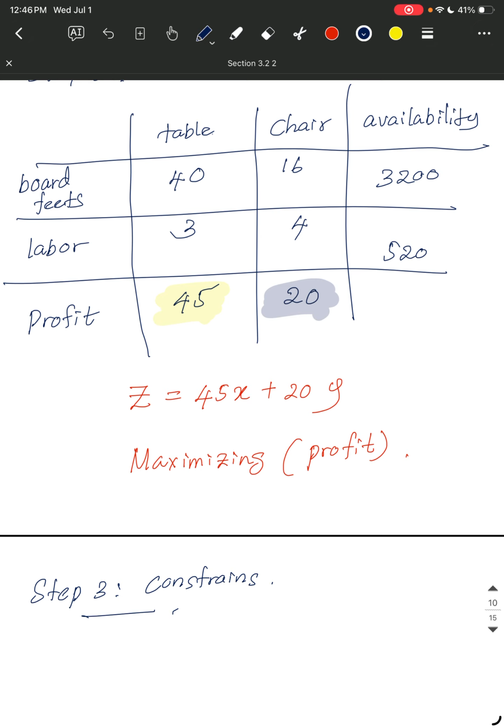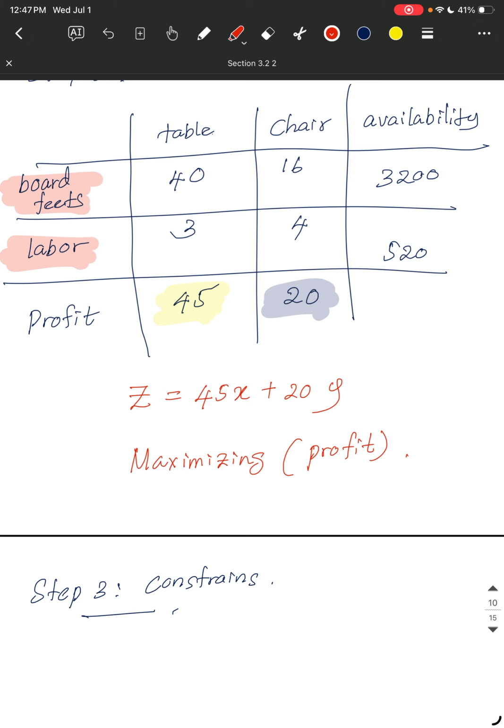The first row of the two-way table defines all the available board feet and board feet per table and chairs. So, using the two types of available materials here, board feet and labor, we can write down the two inequalities, two constraints.